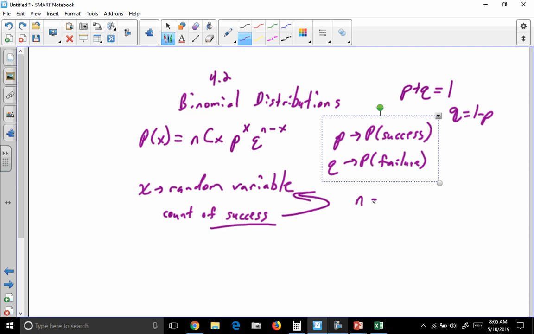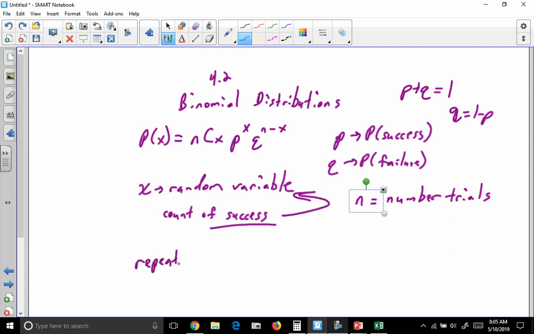n is the number of trials. Recall that to be a binomial distribution, we have to have repeated trials, and those trials have to be identical. In other words, the probability of success for each trial has to be the same.